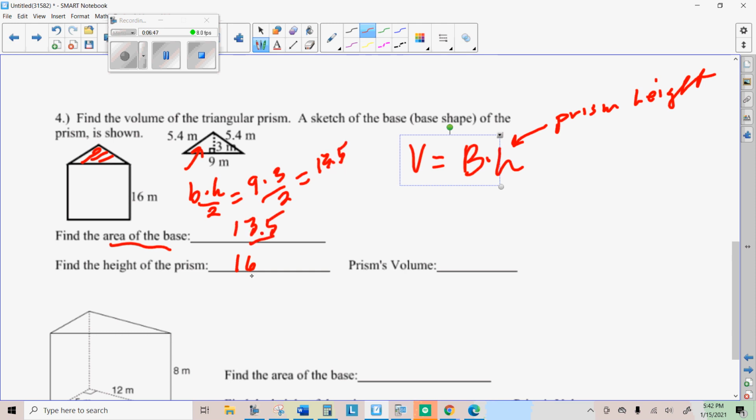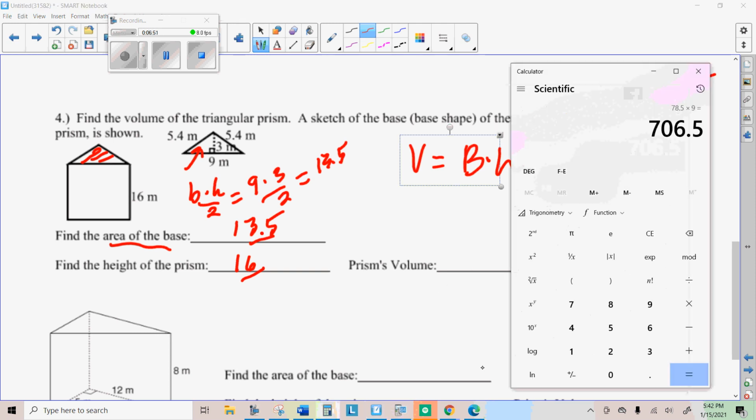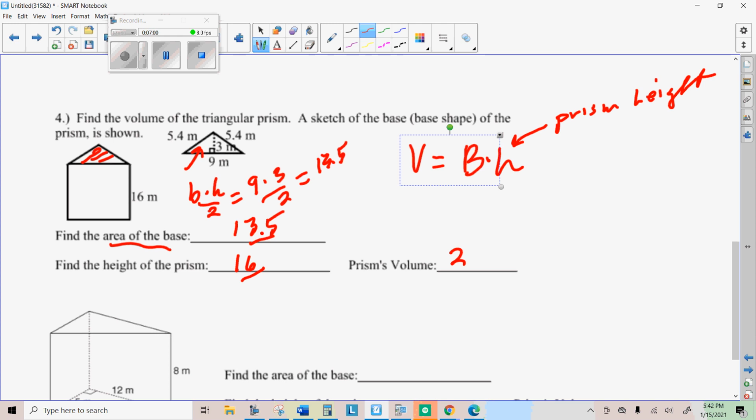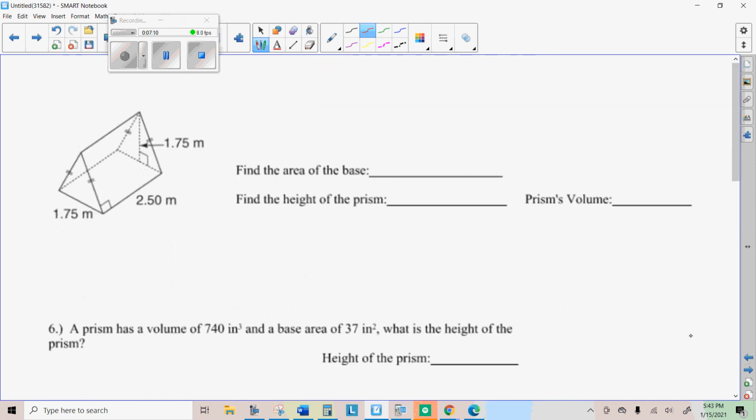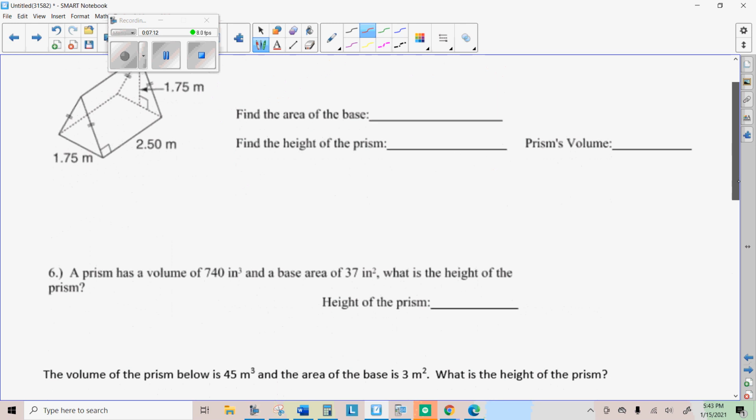Now I just have to multiply the area of the base times the height. So 13.5 times 16, and that's 216. In this case, it would be cubic meters. All right, so you can go ahead and do a couple of triangular prisms.